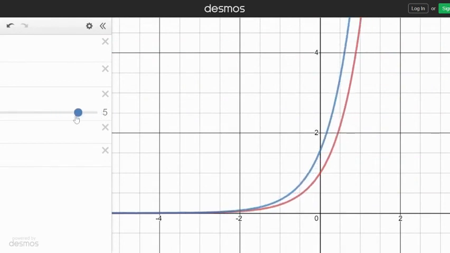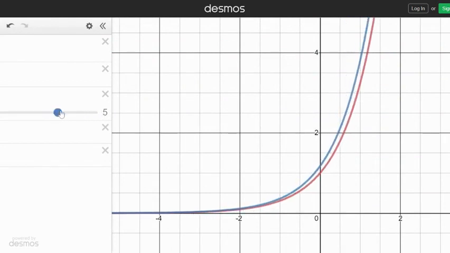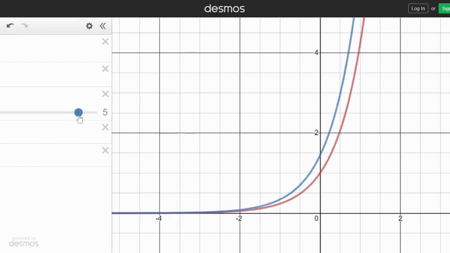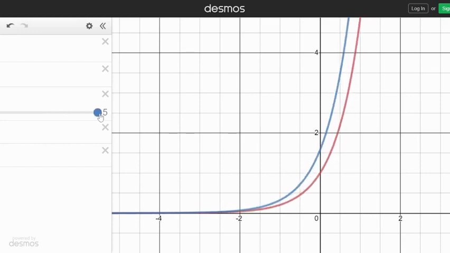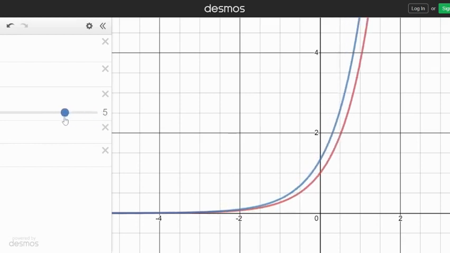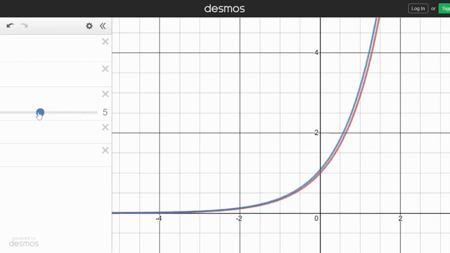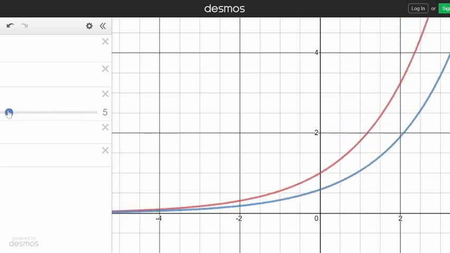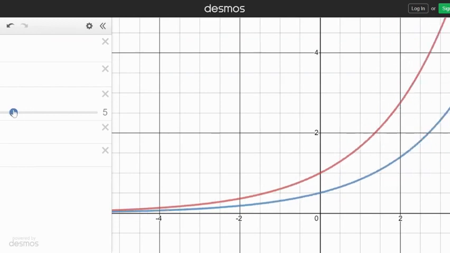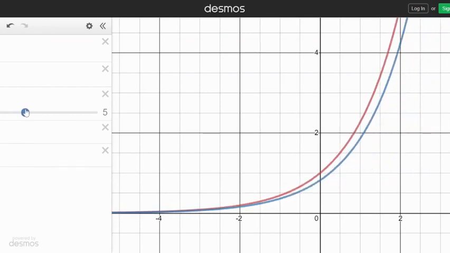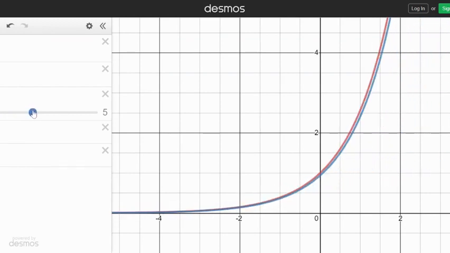As I'm changing the value of x, we see that the shape of the graphs is slightly changing. Here, for values around 4, from 3 to 5 is what I'm showing you right now, the derivative graph lies above the function. But if I switch down to the other values, numbers around 2, I see that the derivative graph lies underneath the original function.